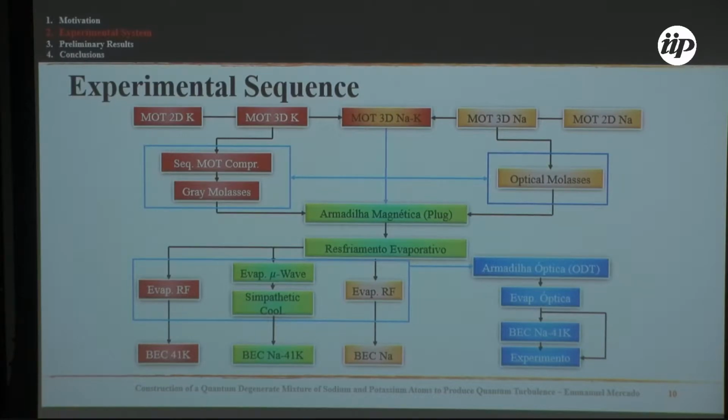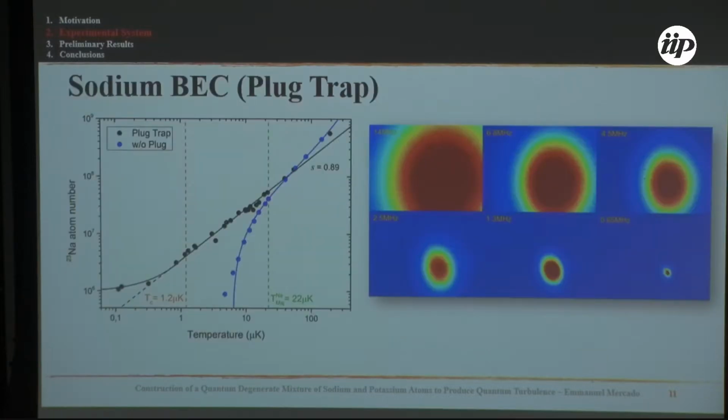When both species are together, we are going to transfer that mixture into an optical dipole trap, in which we are going to turn on the interaction using the Feshbach resonance, but we have the possibility to work with each species independently. For example, if we work only with sodium, we can achieve the BEC of sodium separately, or of potassium independently, one from the other. This is the evaporative cooling process of the potassium atoms.